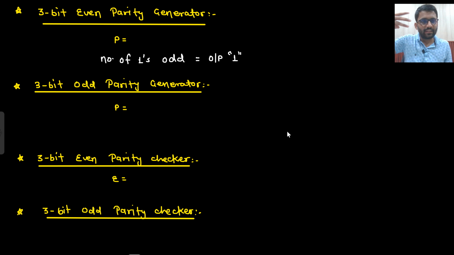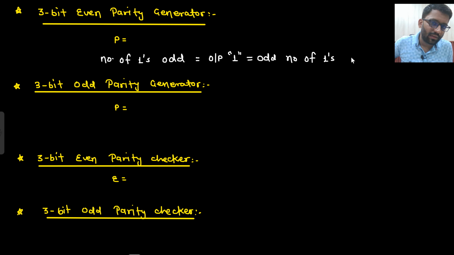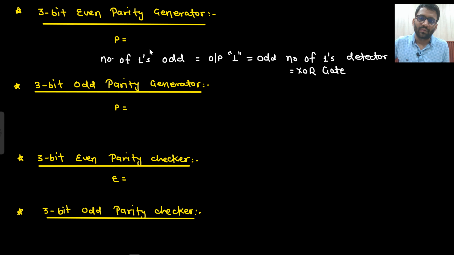Let's say there are three 1s, then the output will be 1. That means this is an odd number of ones detector. So what is that? XOR gate. So your parity bit would be A XOR B XOR C.